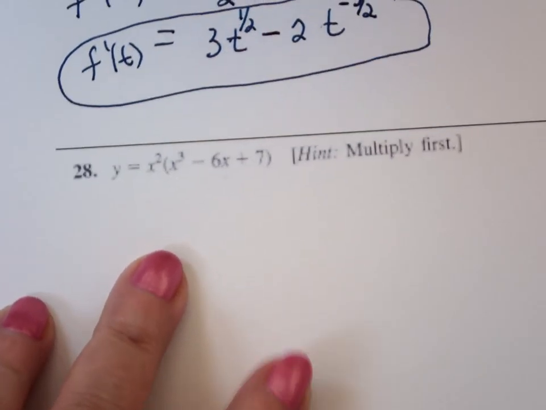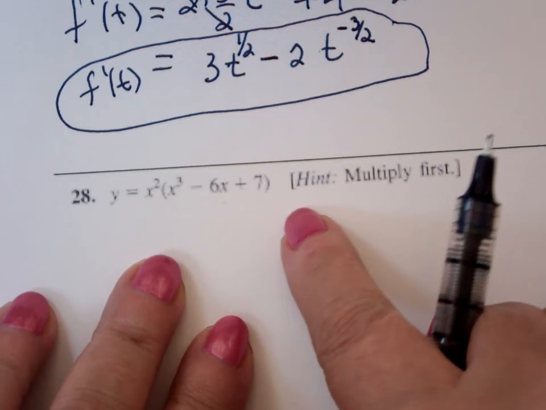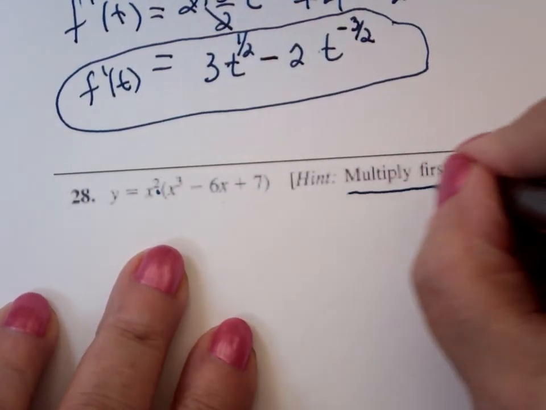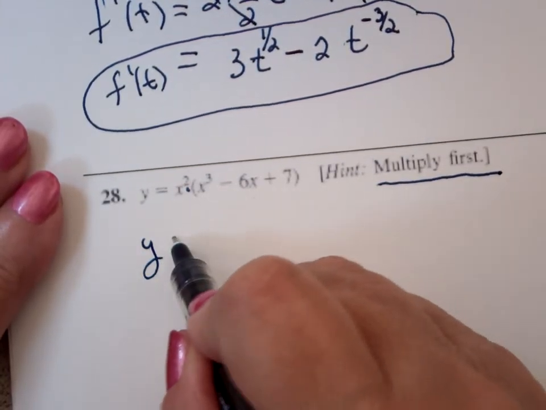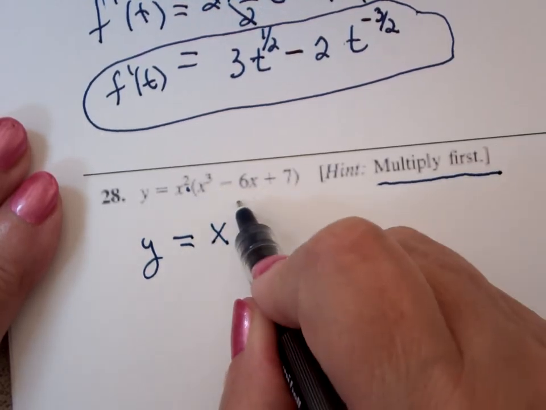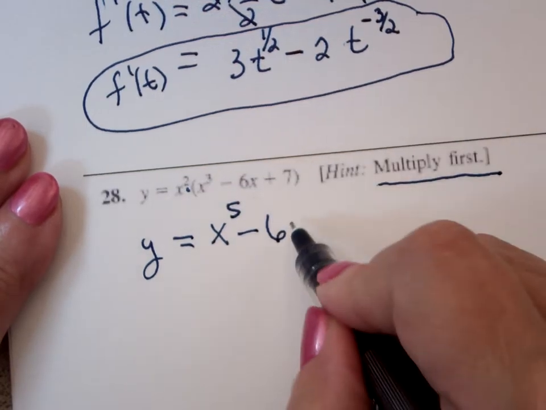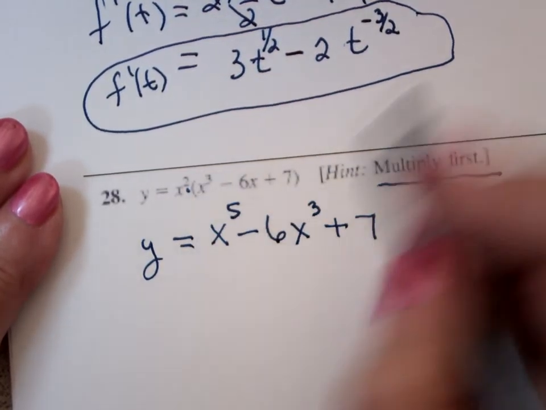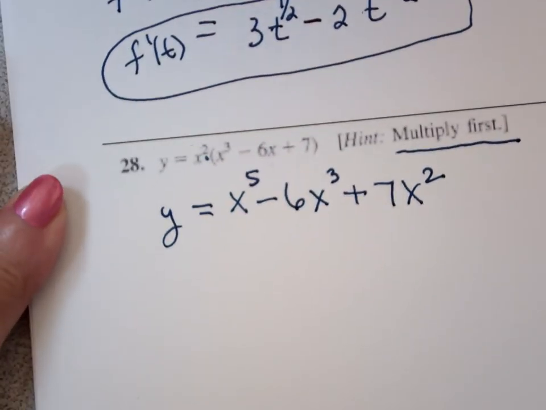Okay, the trick to this is, because I can't do this term by term because there's a multiplication there, I need to multiply it first. So this becomes y equals x squared times x cubed is x to the 5th, minus 6, x squared times x is x cubed, plus 7, x squared times 7 is 7x squared. Now that's easy to differentiate, right?